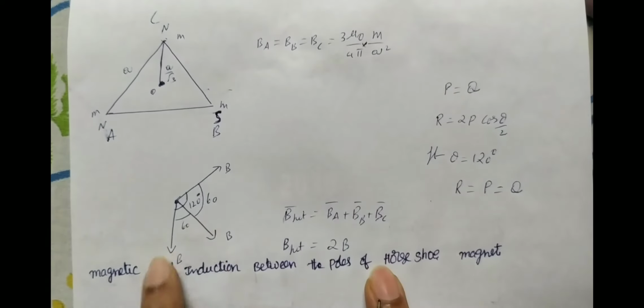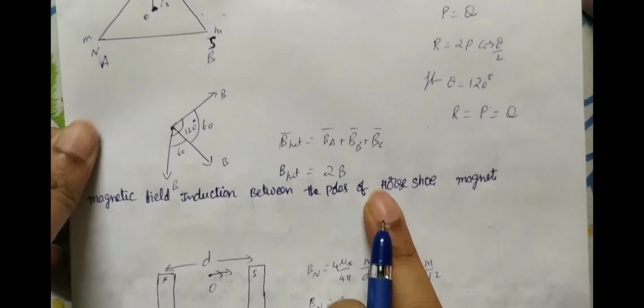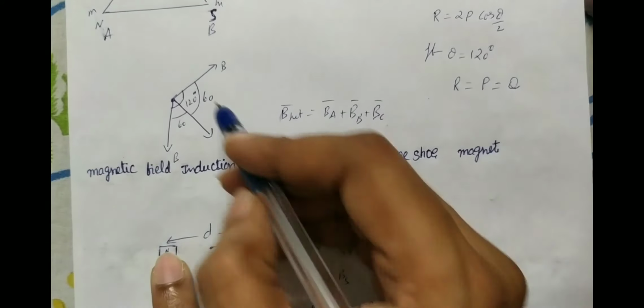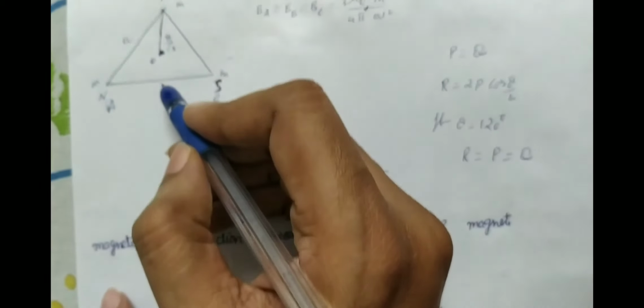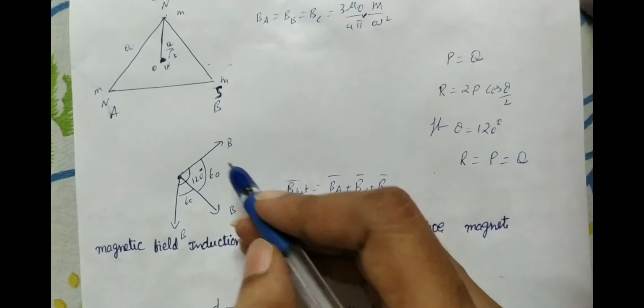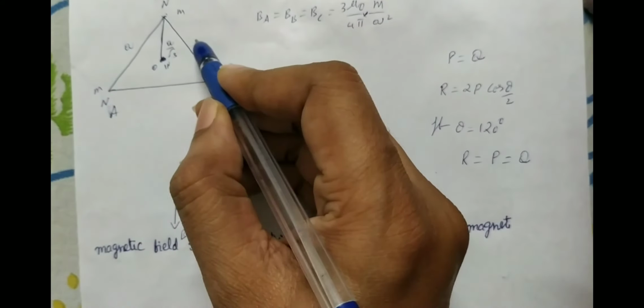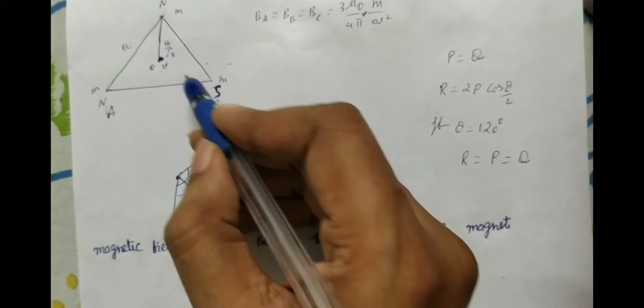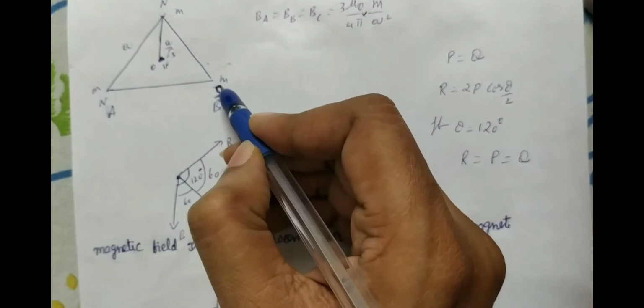Now we'll see the directions. Due to this north pole, it will repel like this. But where we calculate the field, there you have to assume a unit north pole. So this north pole repels like this, so parallel to that we get a B here. And this attracts because it is a south pole.